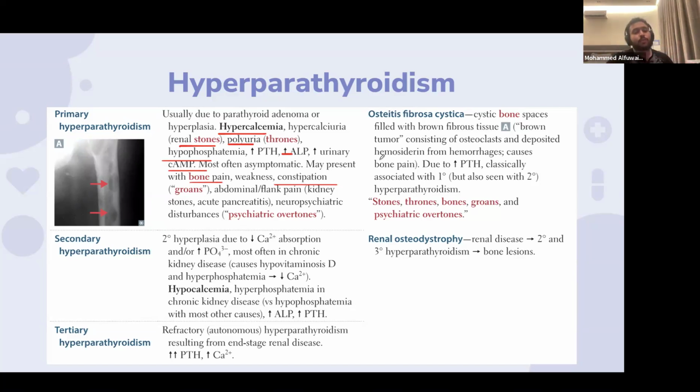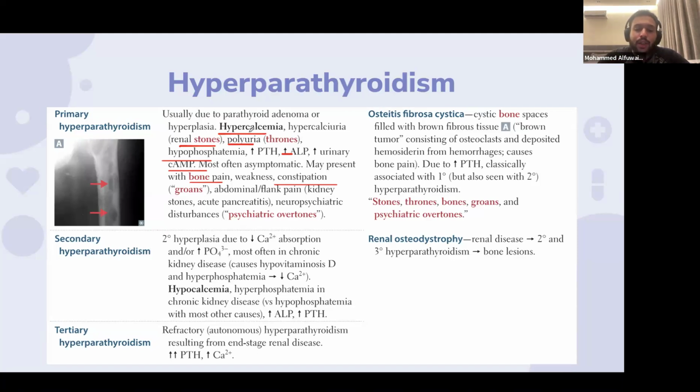Remember from GI that we mentioned high calcium causes constipation. Flank pain because of kidney stones, and then you have neuropsychiatric disturbances or psychiatric overtones from the high calcium. Okay.